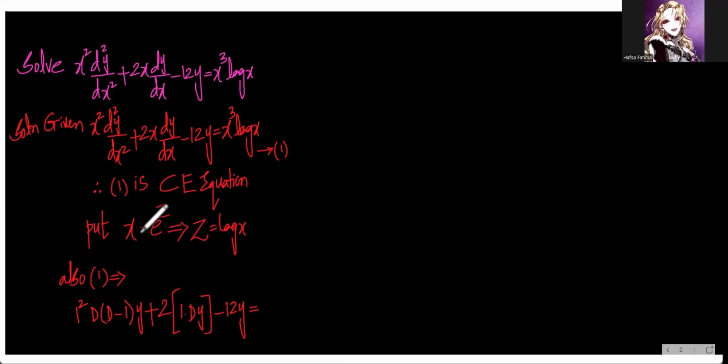Where is x cube? Here, from this we can get the value of x cube. कैसा होता? If I want x cube value means we should get like this: e power z whole cube, which is nothing but e power 3z, into log x. Log x is already, you can see here it is z.